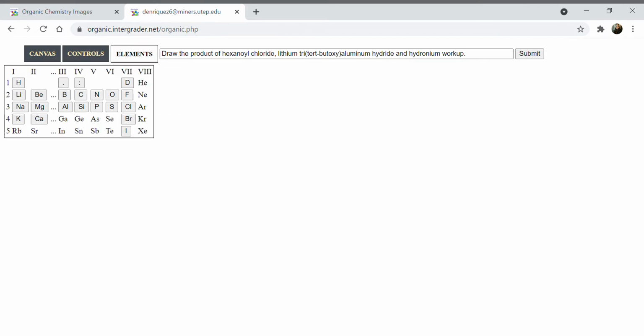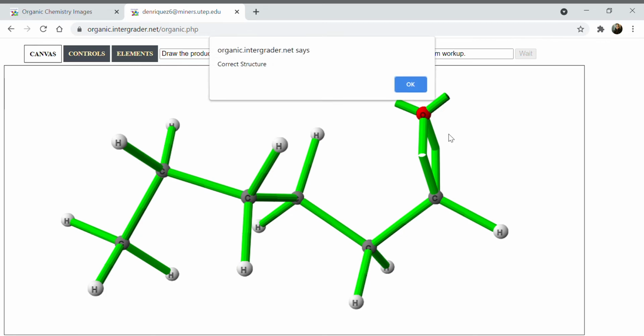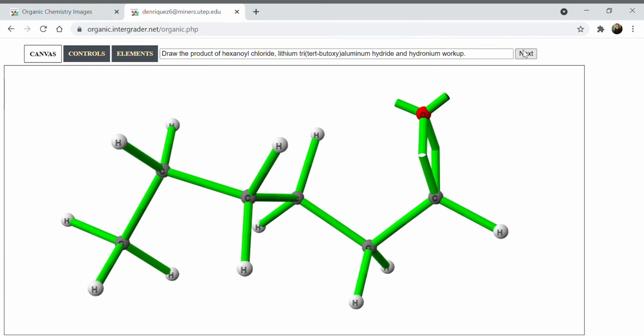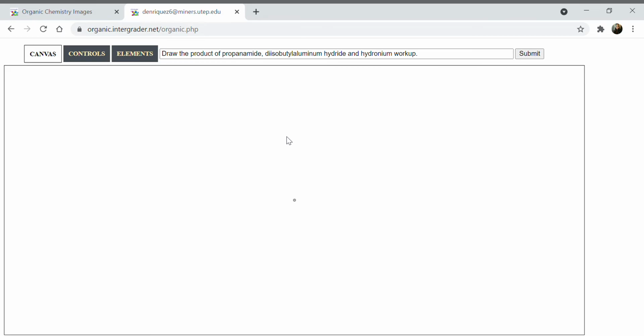So I'll go ahead and I'm going to delete these bonds. Okay, so that should be it for this one. So that's also an important thing, to make sure that you have the right molecule that you're reacting it with.